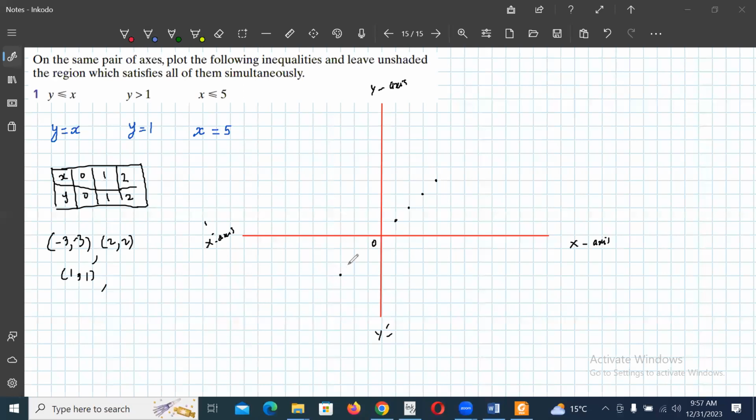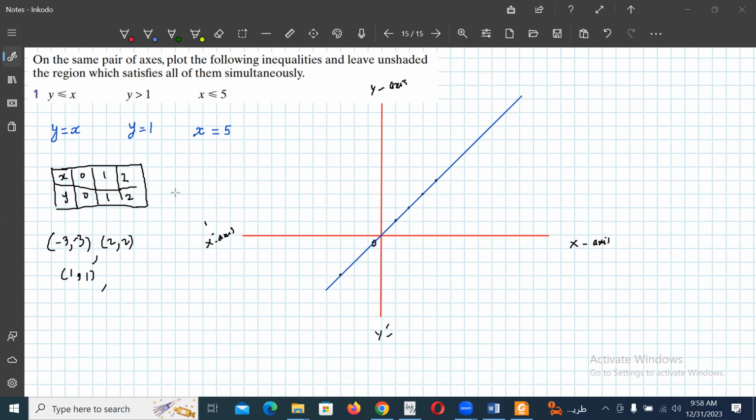This is the point. After this, you just take your scale and draw a line. That line is the sloping line. I extend the line up so that you can find the rest of the answer easily. So this is my one line.